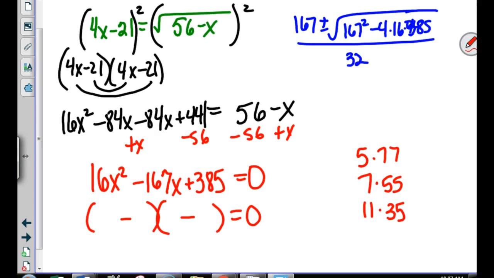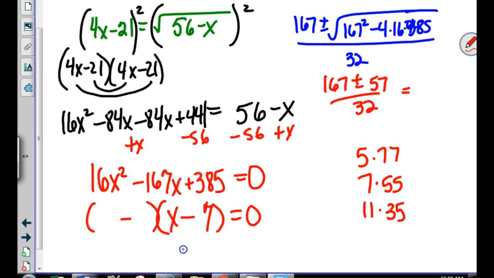Did anyone get square root of 3249? Under there, and then square root is 57. Okay, so 167 plus 57, enter, divided by 32 is 7.